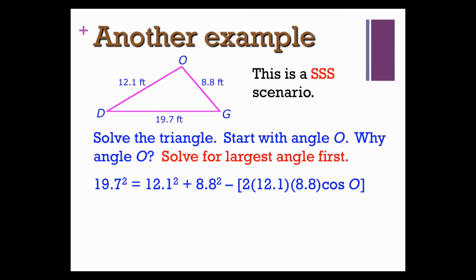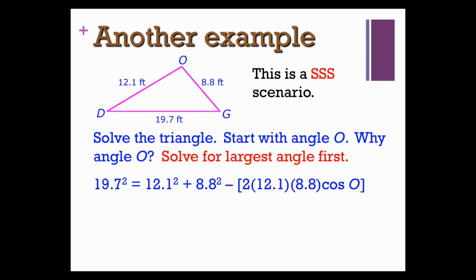That's crucially wrong. Why? Isn't the cosine of O in the big parentheses, so you have to multiply 2 times 12.1 times 8.8 times the cosine of O first.